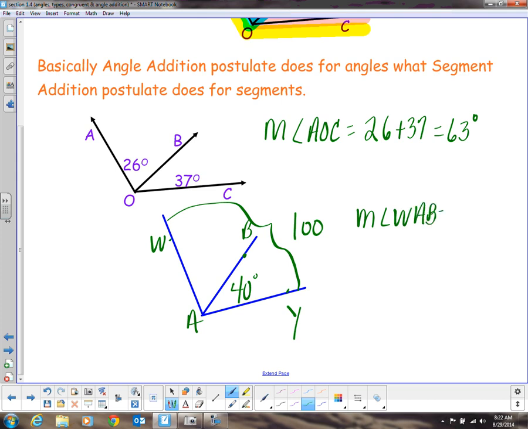Now, what work do you show? This is one I added. You say 100 minus 40. Do you see how we spoke that? Is equal to 60. Like I said, if you add, subtract, multiply, or divide, I need to see that work.